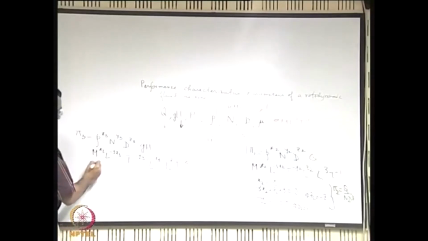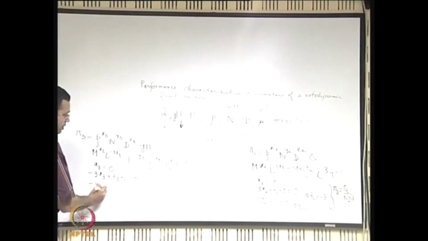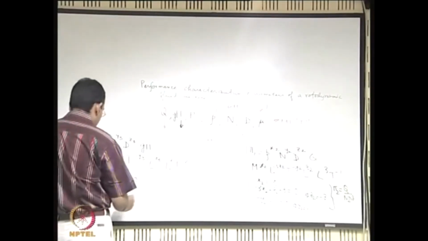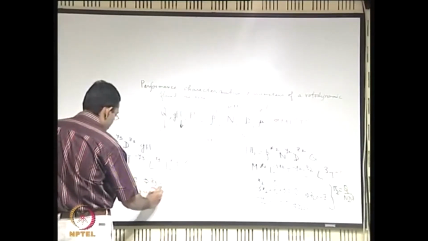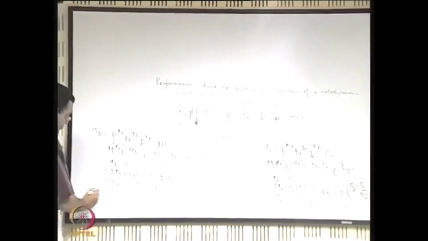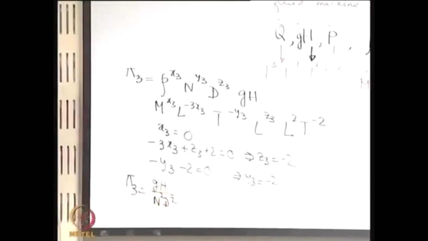So you have again x 3 equal to 0, then minus 3 x 3 plus z 3 plus 2 equal to 0, and minus y 3 minus 2 equal to 0. So what is z 3? Minus 2, and y 3 is also minus 2. So what is pi 3? gh by n square d square, okay.